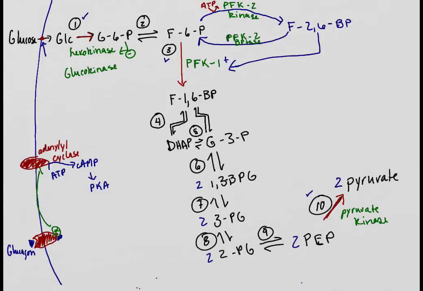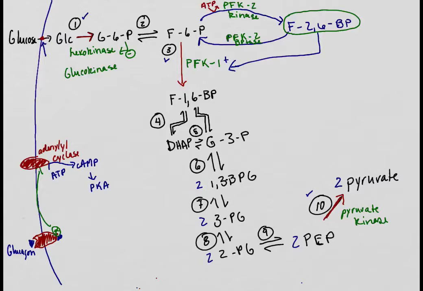So this actually allows for another layer of regulation because if we know that high concentrations of fructose 2,6-bisphosphate will lead to the feed-forward activation of PFK1, then there must be also regulation of the kinase and phosphatase of PFK2. So in fact, those are regulated.